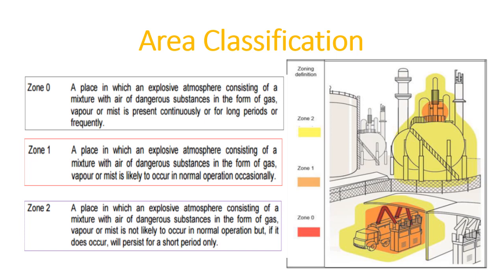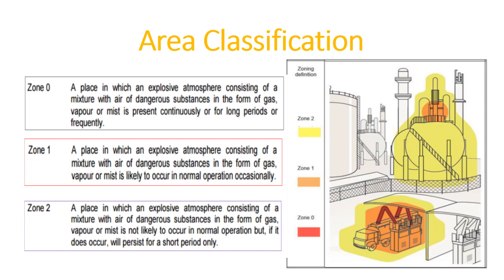There, under normal operation there is no chance, but in case of any breakdown there is a possibility. But even if it occurs, it occurs only for a small amount of time. So this is zone 0, zone 1 and zone 2.